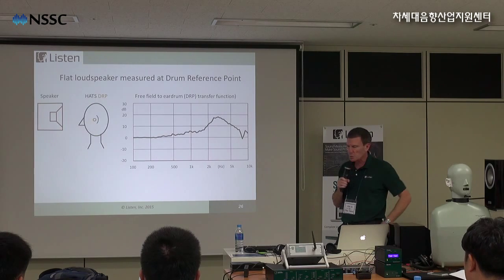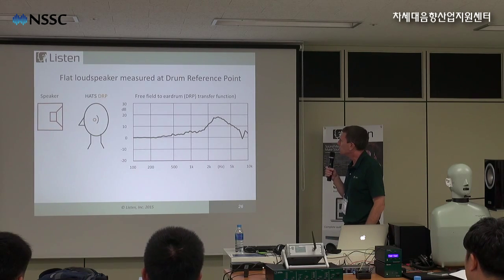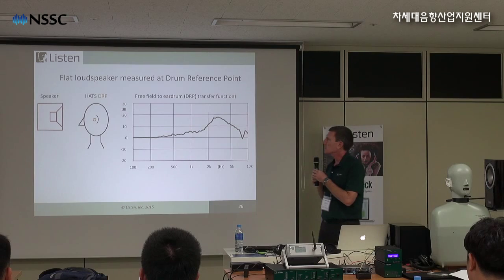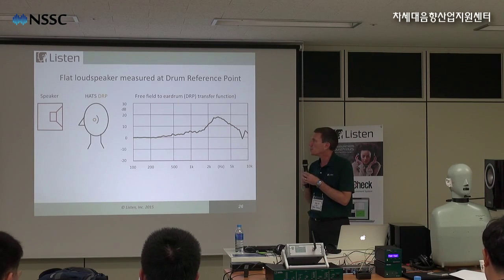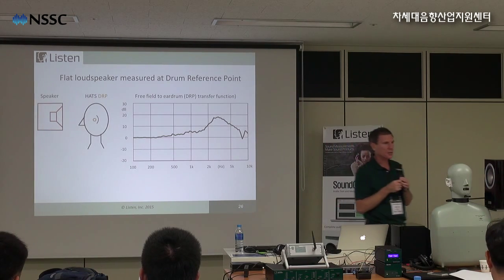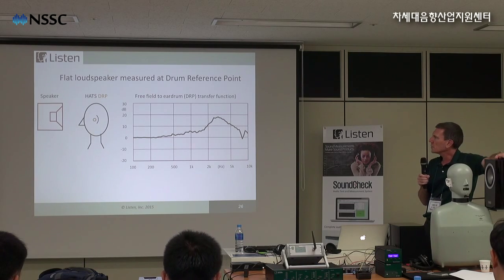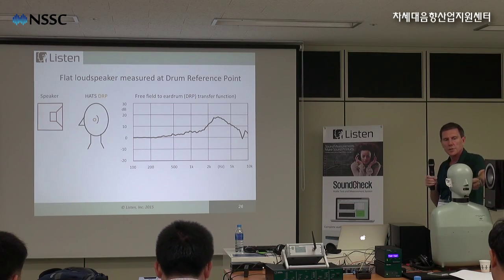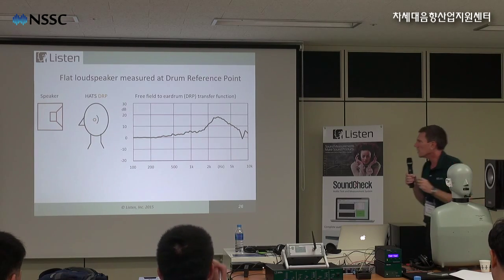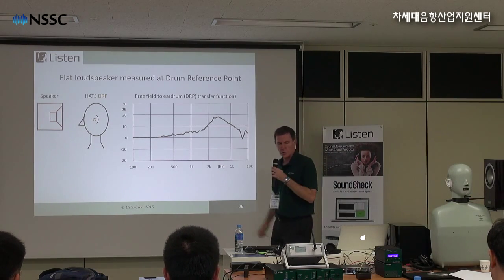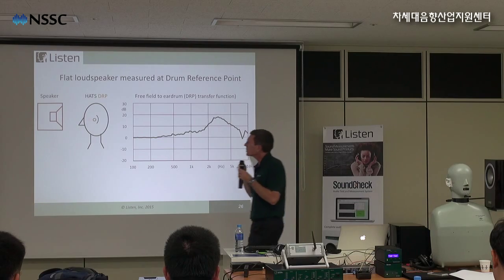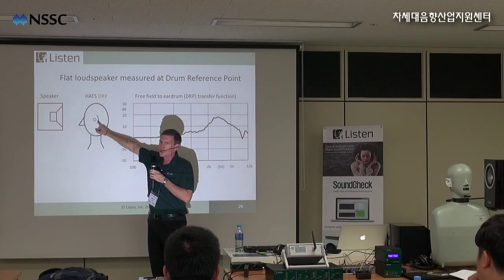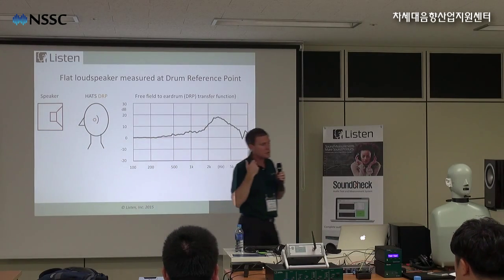That's not the case when we measure headphones or earphones. So in this case, we have, for example, a loudspeaker. It could be this loudspeaker here, and it's going to be going into the microphone inside the ear simulator. We refer to where the microphone is as the drum reference point. So literally think of it as the eardrum.